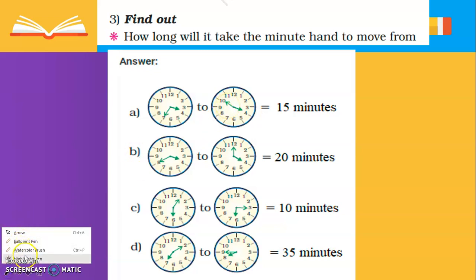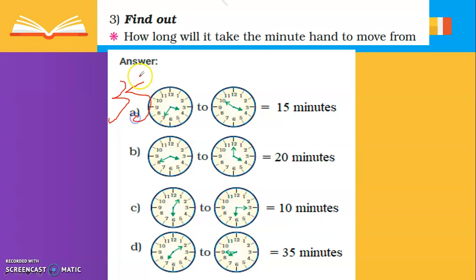So if this is 35, and this is 50, can you subtract and find out the answer? Or you can count it like this: 5 minutes, 10 minutes, 15 minutes. So the answer you will get is 15 minutes.